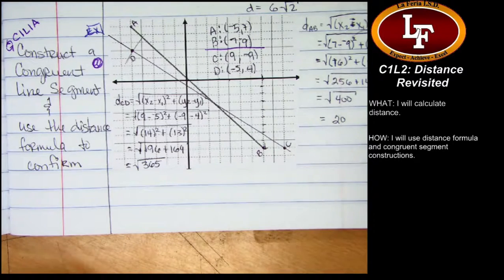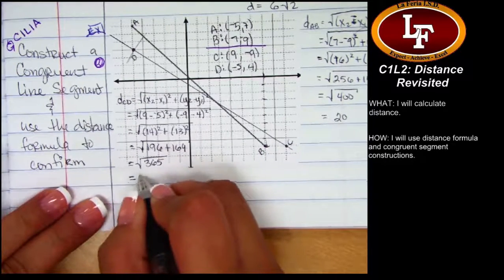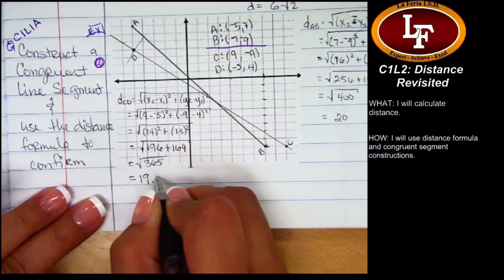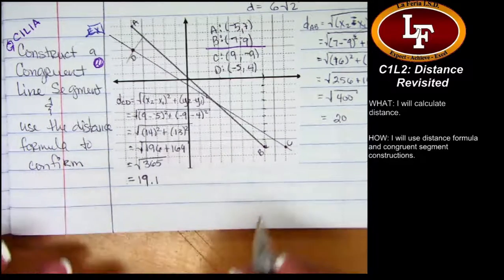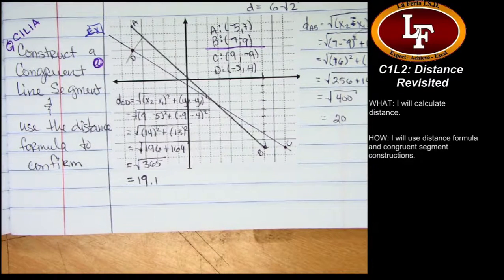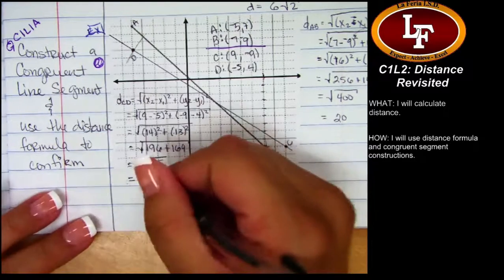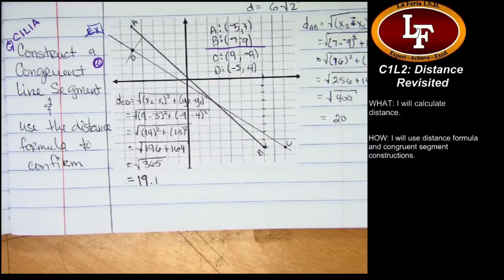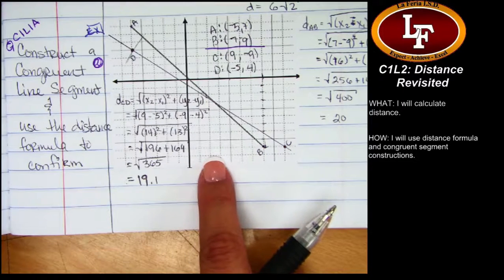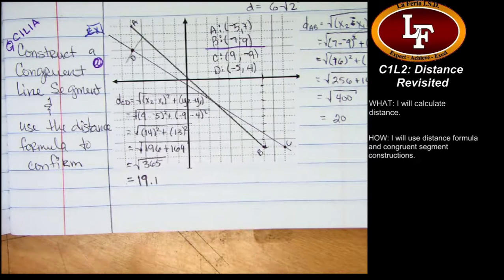I'm going to put it in the calculator, and I get 19.1, which is less than 1 unit away from 20. So we'll call this one error by the graph that we're using not being perfectly square.